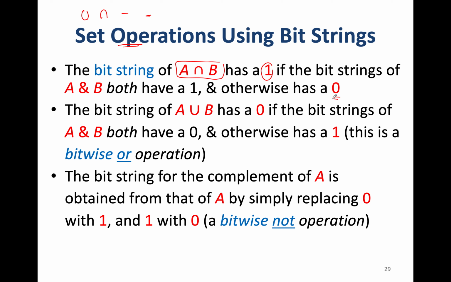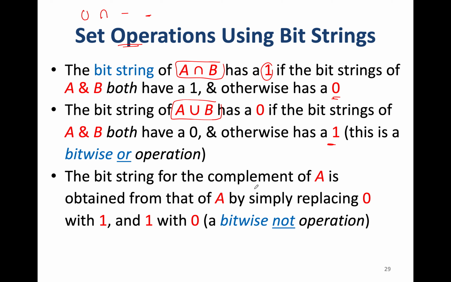Otherwise, it will be 0. The intersect will be 0 if the bit string of A or B has a 0. Otherwise, it will be 1. So this is the OR and this is the AND.